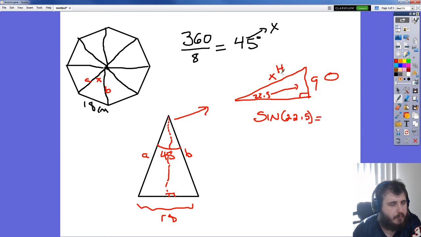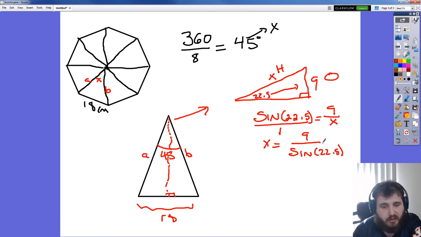And then opposite over hypotenuse, 9 over x. Cross multiply and divide, you end up with the radius that you want, 9 over sine 22.5.